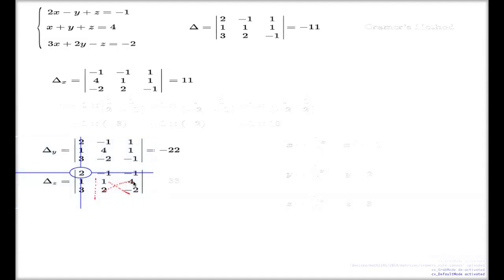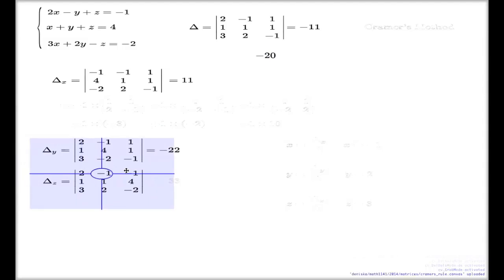Negative 2 and negative 8. It's negative 10. So altogether, it's negative 20 for the first term. Here's my negative 1. Again, sign alteration makes it 1. The remaining minor is 1 times negative 2. Negative 2 and negative 12, negative 14.